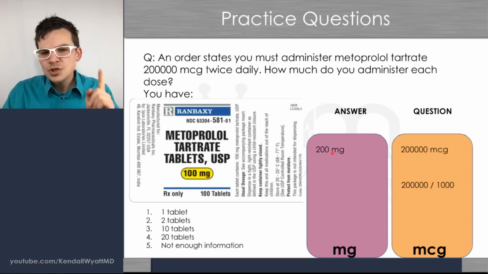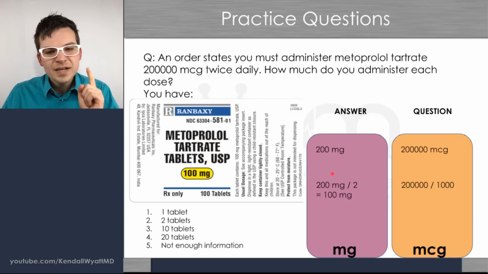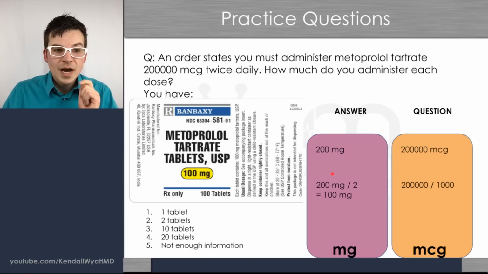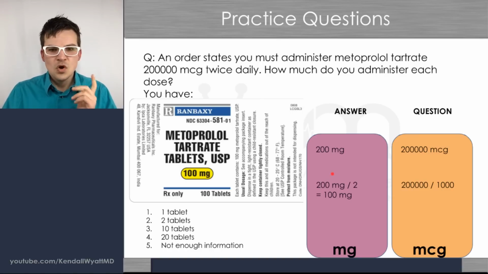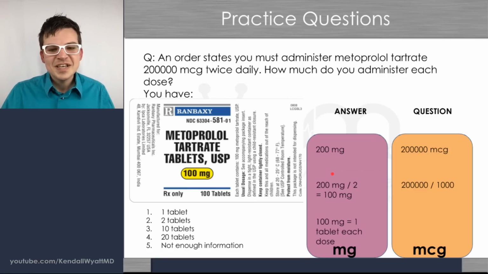So if you need to give 200 milligrams twice daily, you take 200 milligrams and divide it by 2 to give you 100 milligrams. Okay, makes more sense. Now you need to give 100 milligrams each dose, twice daily. So then you're going to be able to see that you need to give 1 tablet each dose.